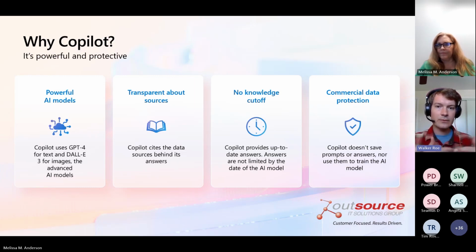But now with a powerful tool in play, it's important to have the back end stuff set up. So we talk about Enterprise Mobility and Security E3 as the baseline because of the Entra ID and the data loss prevention. Outside of the scope of that, there's other things like Intune for mobile device management.